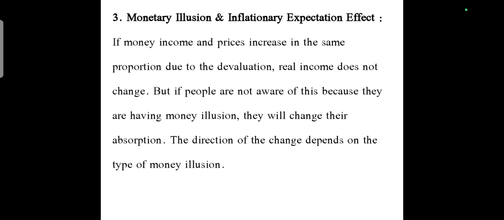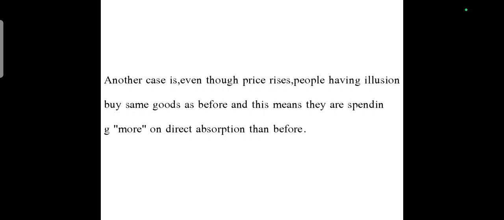In the third point, we will discuss the monetary illusion and inflationary expansion effect. If money income and prices increase in the same proportion due to the devaluation, that is, there is a direct relationship between them, the real income does not change. But if people are not aware of this because they have money illusion, they will change their absorption. The direction of the change depends on the type of money illusion. In another case, even though price rises, people having illusion buy the same goods as before, and this means they are spending more on direct absorption than before.